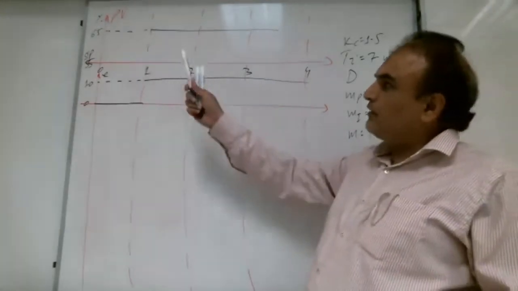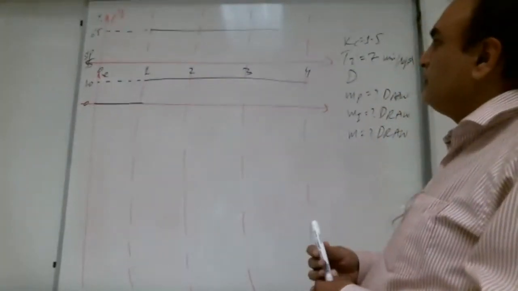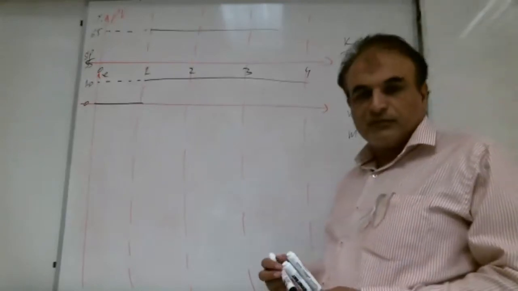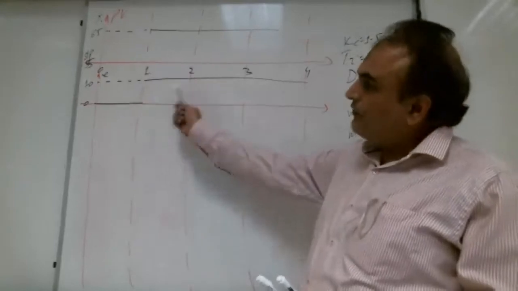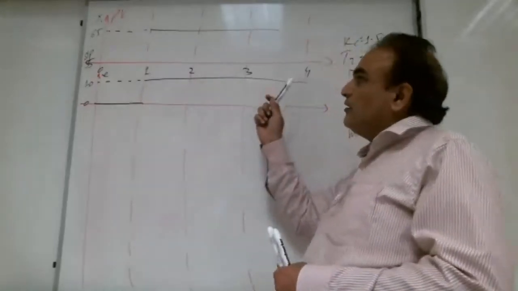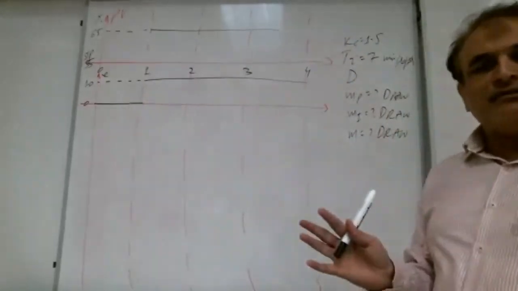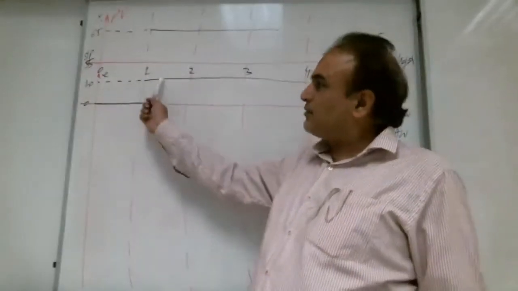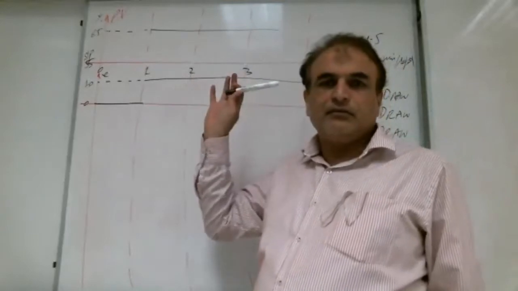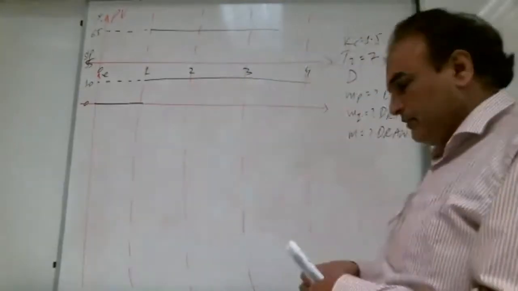So from 0 to 1, what is the error? From 0 to 1, error is 0. After 1, error is 10, and it is not changing at all. After 1 minute, it stays at 10. So that's it. Shabab, with me?